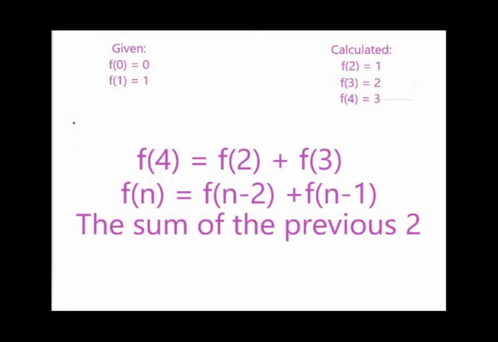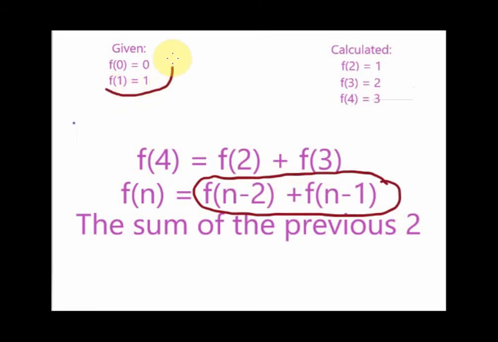We'll start by going over some of the basics of how you set up a recursion problem. The recurrence relationship is what makes up the body of your function. This part is going to go in the body, and it's going to recursively call itself. The given information is typically what you would use to terminate the function, so this will typically go at the top as your terminating conditions.